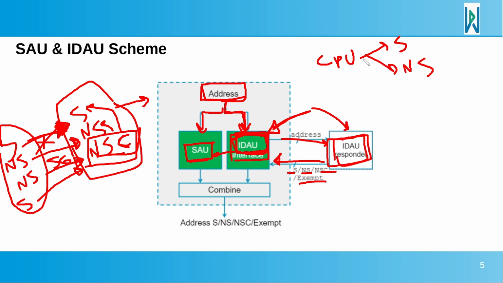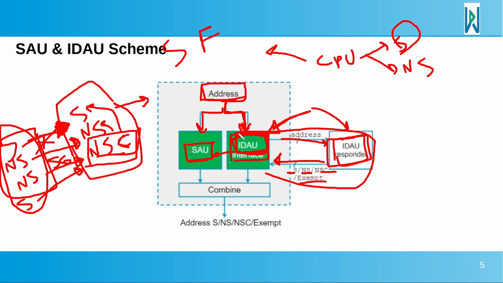Then, based on those rules and the state of the CPU, we can determine if the CPU will be able to access that address or not. And if not, then the CPU will trigger a secure fault. Those blocks are not accessible by the users at runtime, so they are hard-coded at hardware level.